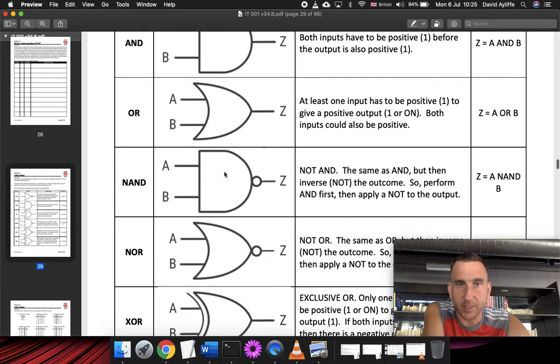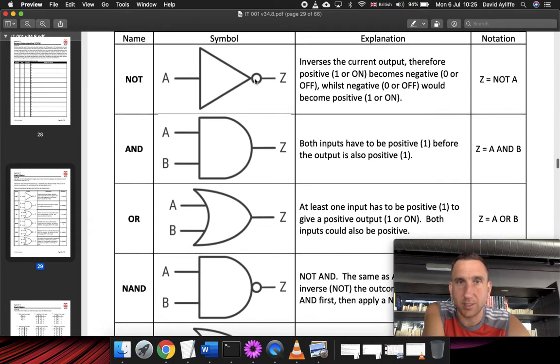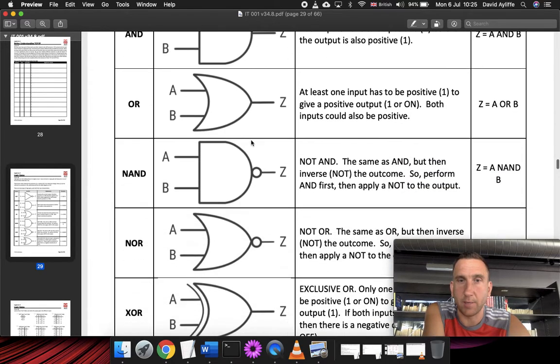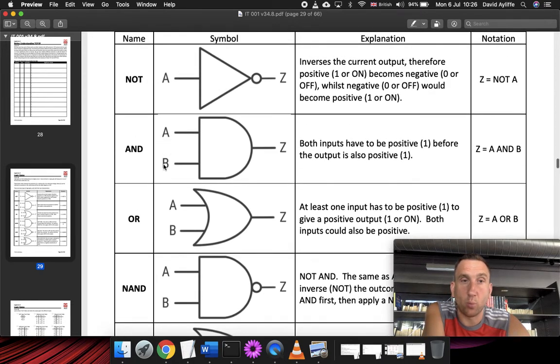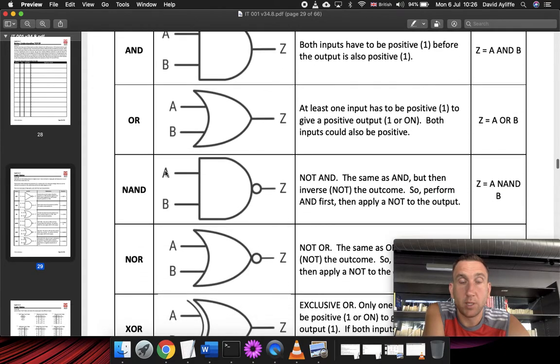NAND, okay, so we can see the symbol looks a lot like the AND, but with also this circle here. So not AND, the same as AND, but then we inverse the outcome. So perform the AND operation first, and then apply a NOT to the output. Yeah? So whereas in an AND, if we put 1 and 1, we get 1, here, if we put 1 and 1, we get 0.